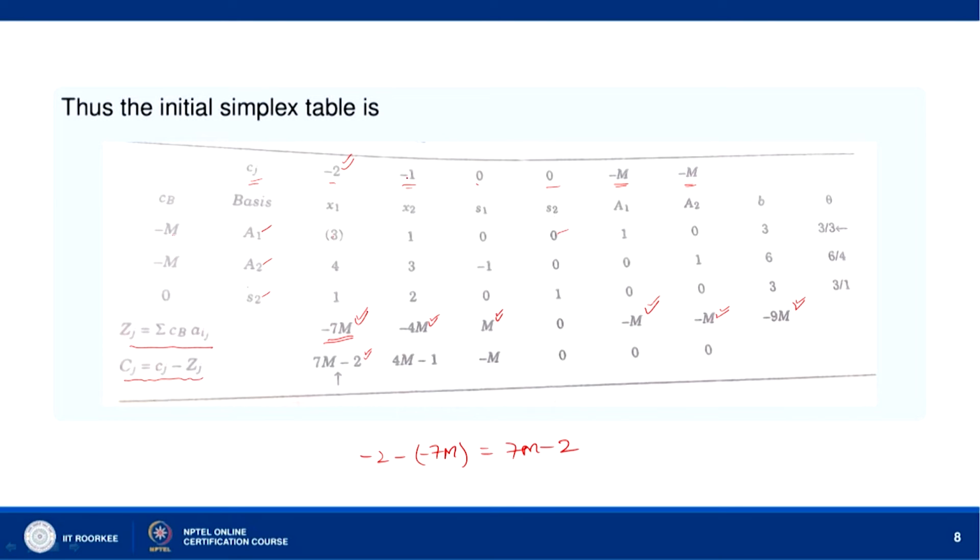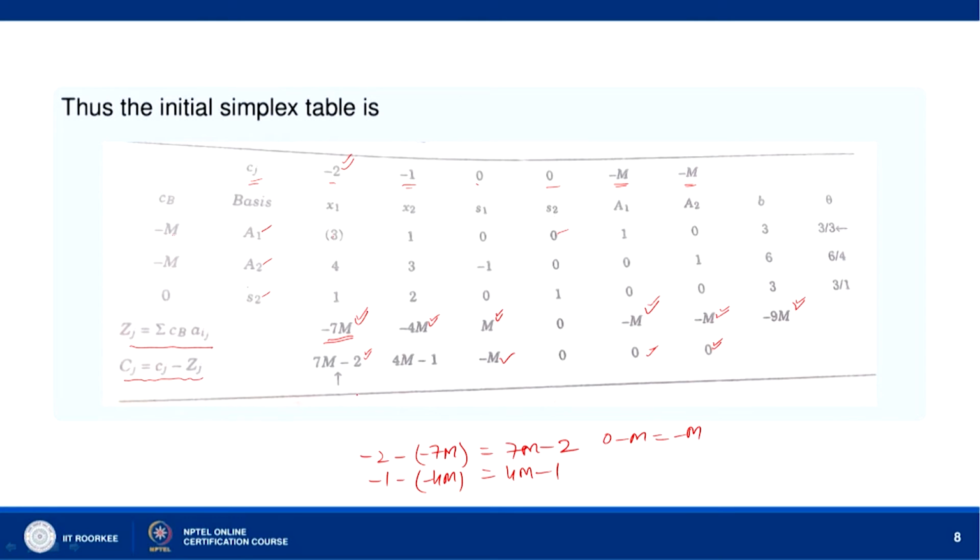Similarly, minus 1 minus of minus 4M gives us 4M minus 1. And 0 minus M is minus M. Then 0 minus 0 is 0, then minus M minus of minus M is 0, so we get 0 here, and again minus M minus of minus M is 0.